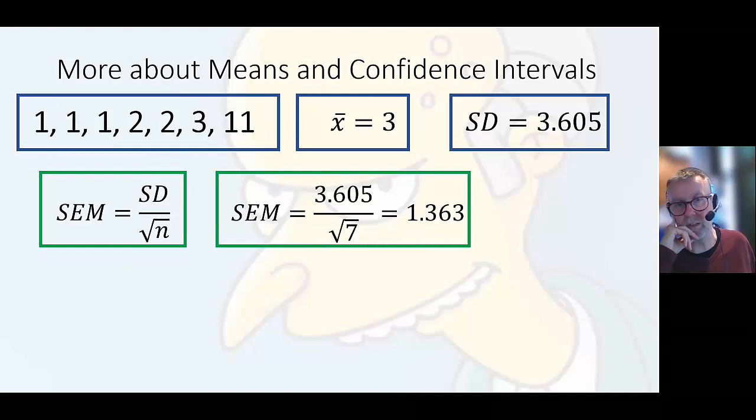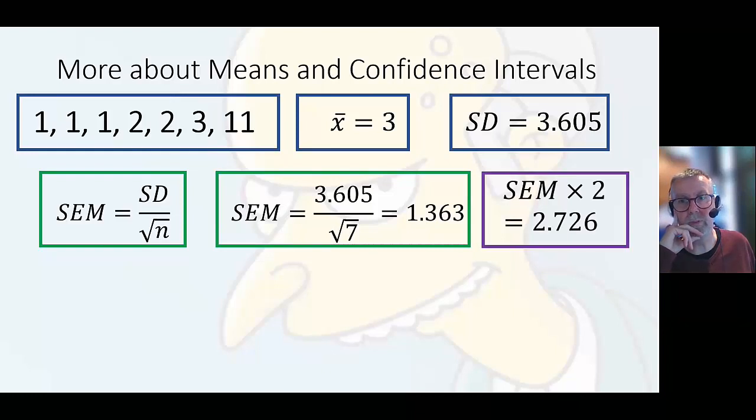Then, in a somewhat simplistic version of what comes next, you double this value. For us, that is 2 lots of 1.363, which is 2.726. This is your range amount for the 95% confidence interval.